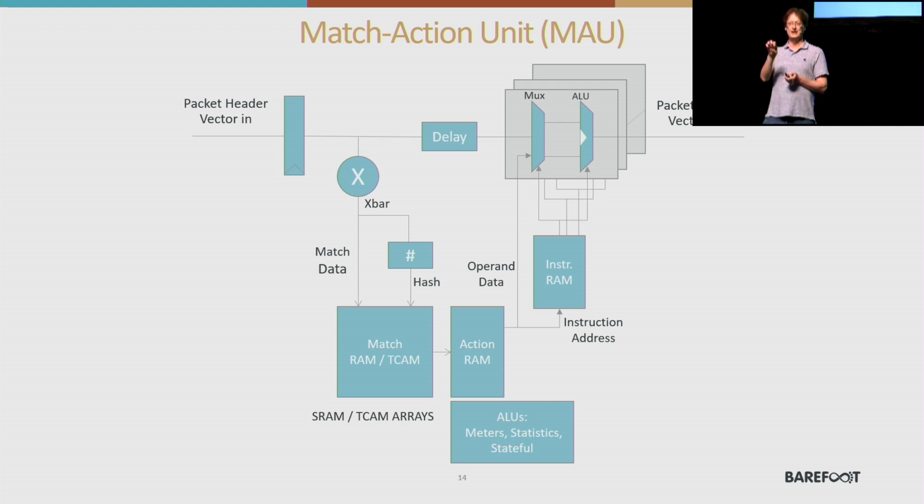For exact matching, a hash generator generates the hash addresses for the RAMs. The output of a match is an address which drives an action RAM. This output data produces an address for an instruction RAM and operand data. So now instructions and data drive each individual word of the VLIW action engine.